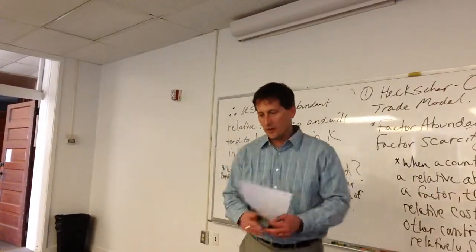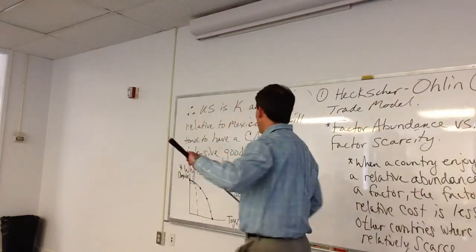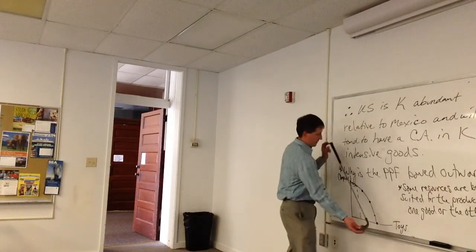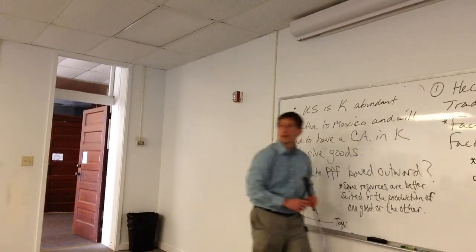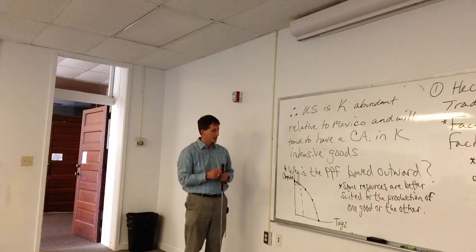Okay, so what is the slope of the production possibilities frontier? Change in computers over the change in toys, right?